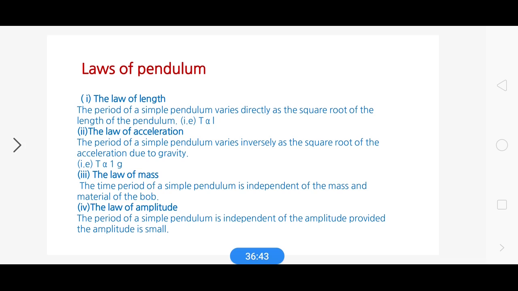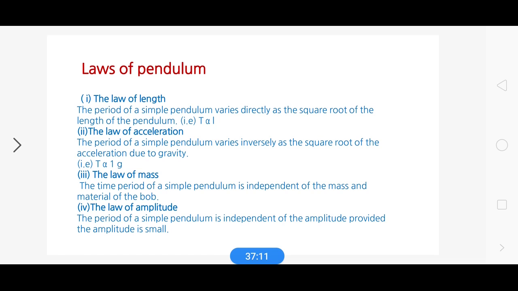Why? Because if the amplitude is very large, instead of oscillatory motion, the bob will have a spinning motion. So then we can get errors also. To remove these errors, we have to follow that the amplitude of the simple pendulum should be very small.